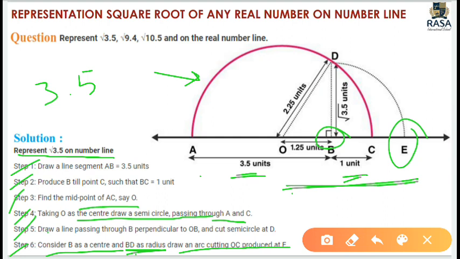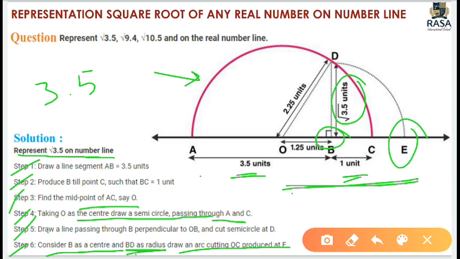So that BD is your root 3.5 units. Okay, that we will see how it will come. We will do it with the help of Pythagoras theorem on the next slide, how this length BD is root 3.5 units.